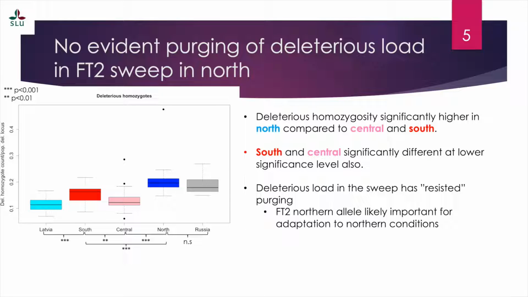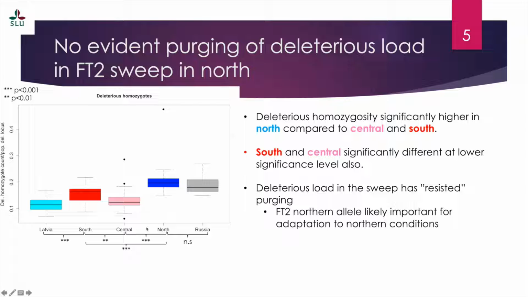Okay, let's look at the FT2 sweep next. We can already see that the pattern is not the same as in the whole genome. We can still see that South has more deleterious load than central population, and that difference is significant.